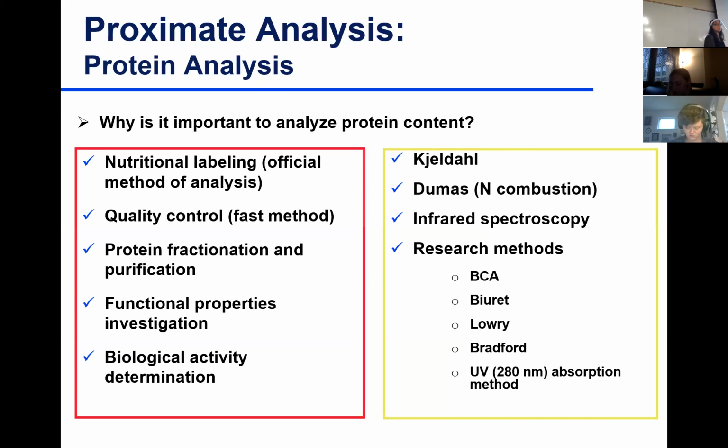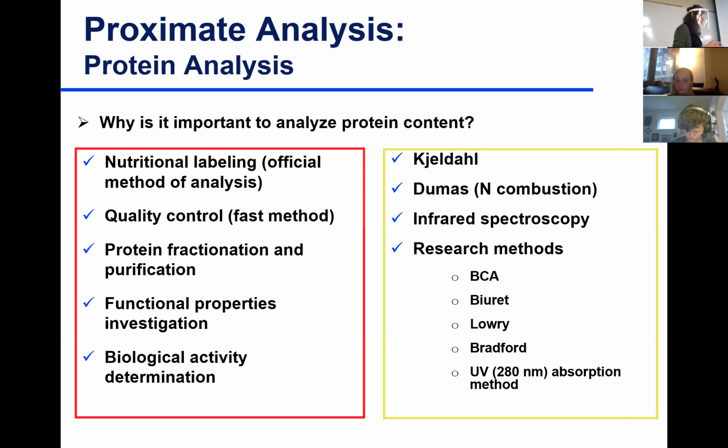We do that in our lab, we determine something called protein yield. From a starting material, how much protein from the original protein that we have in the original sample were we able to extract using our method? This is very important for the industry because we need to know which is the most efficient extraction method so they can get all of the protein out and not lose protein in the residue, which would be either animal feed or even thrown away.